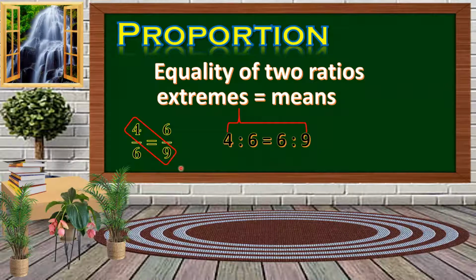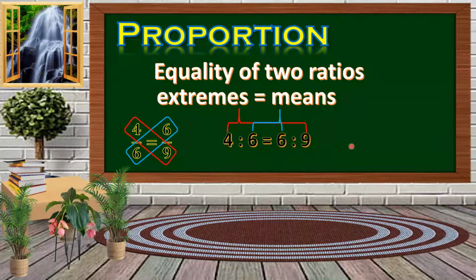Now how about the means? The means are the denominator of the first ratio and the numerator of the second ratio, or in the colon form, the inner numbers, 6 and 6.